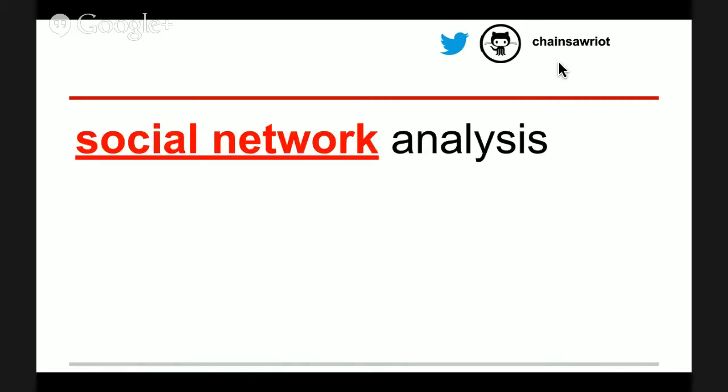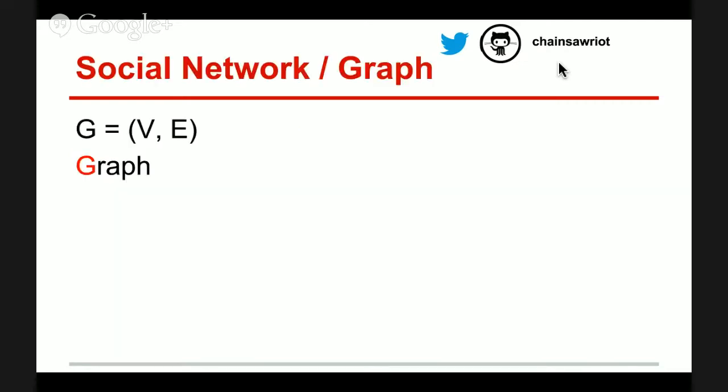Before we talk about SNA, which stands for social network analysis, we need to talk about what a social network is before we go on to the analysis part. A social network is usually called a graph, and not in the general meaning of graph, but the mathematical meaning.